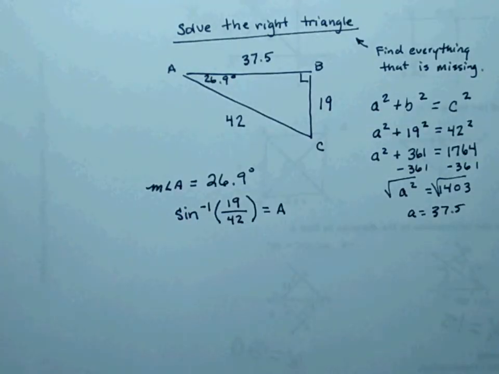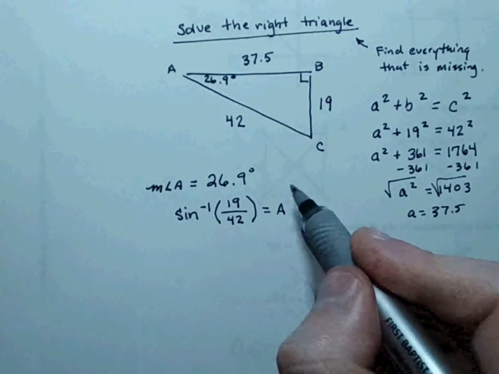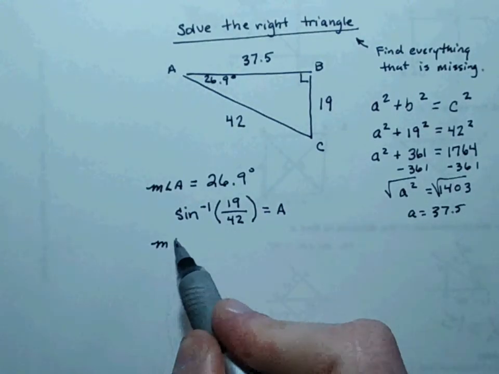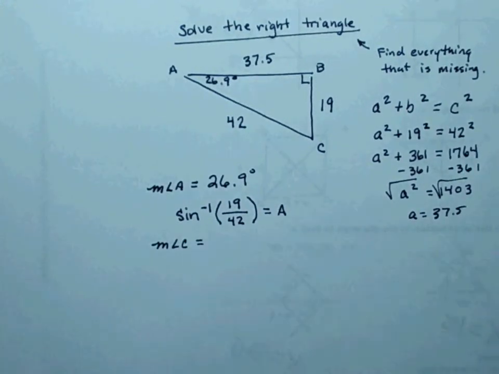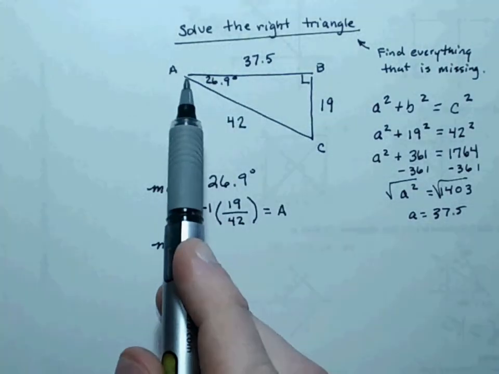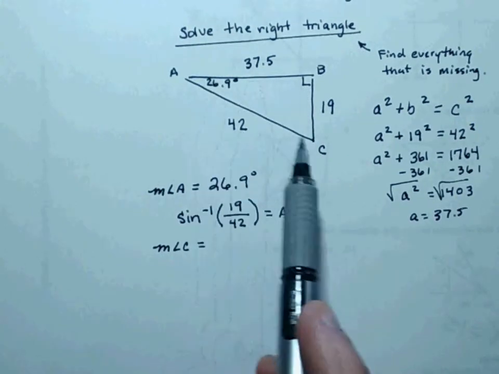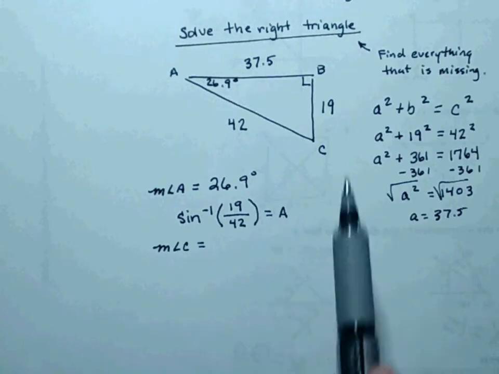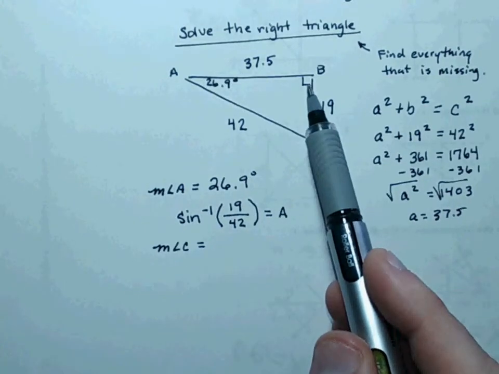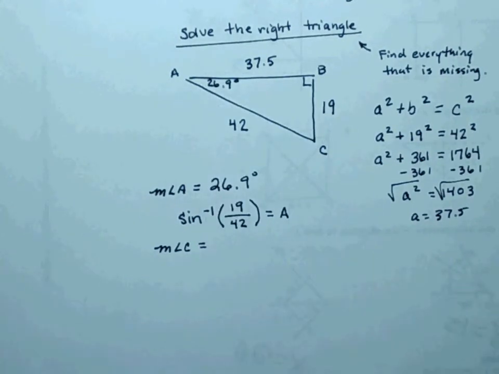Okay. So now all we have left is to find the measure of angle C. Two ways that I can think of that we can do this. Number one, and the easiest way that I would say, is you know that angle A plus angle C should equal 90 degrees, because three angles in a triangle add up to 180, and there's 90 of it already. So A and C are going to add up to 90.